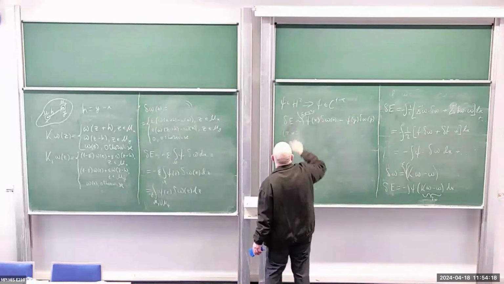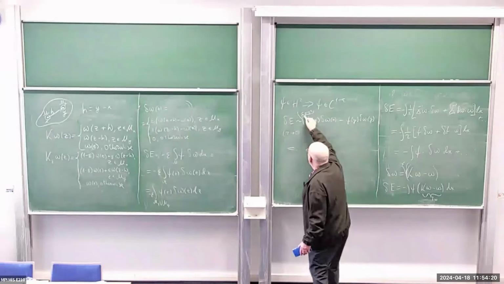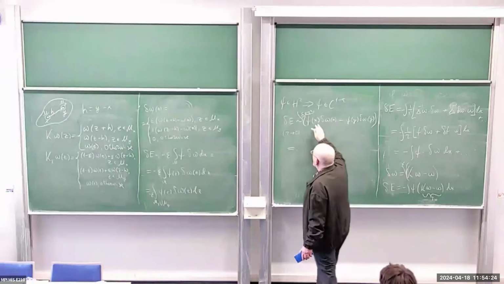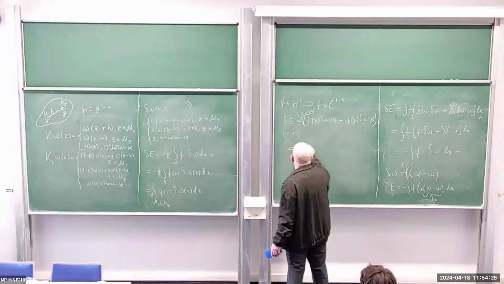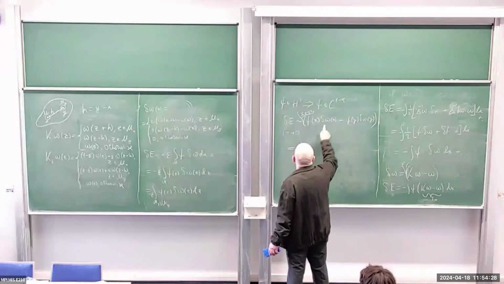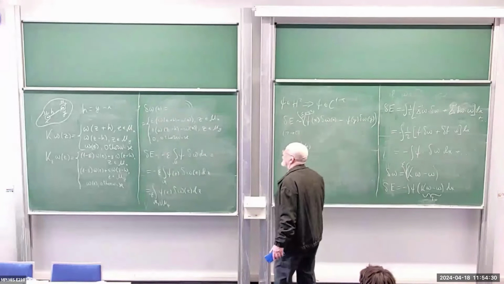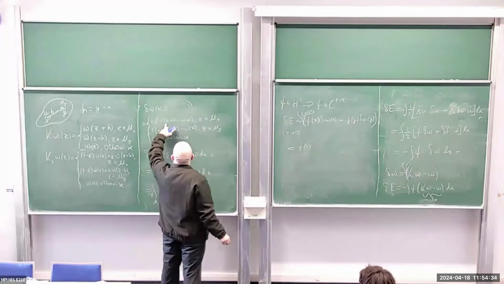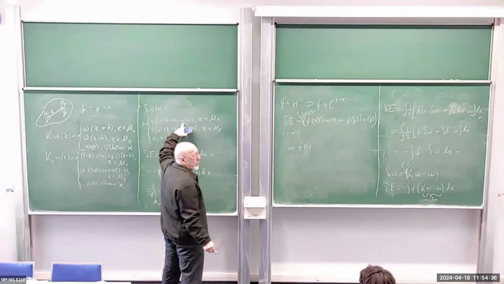Yes, like this. Which is equal to phi of x times delta omega of x, where delta omega of x is omega of y minus omega of x.